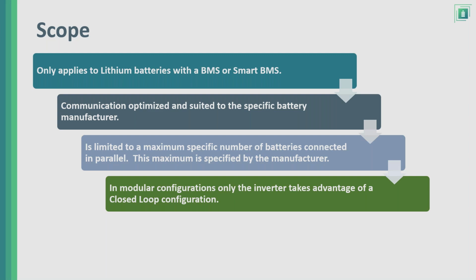As we all know, the charge controllers play a very important role in the charging process of the battery, but as they were not necessarily integrated into the system, the closed loop communication would only provide information to the inverter.